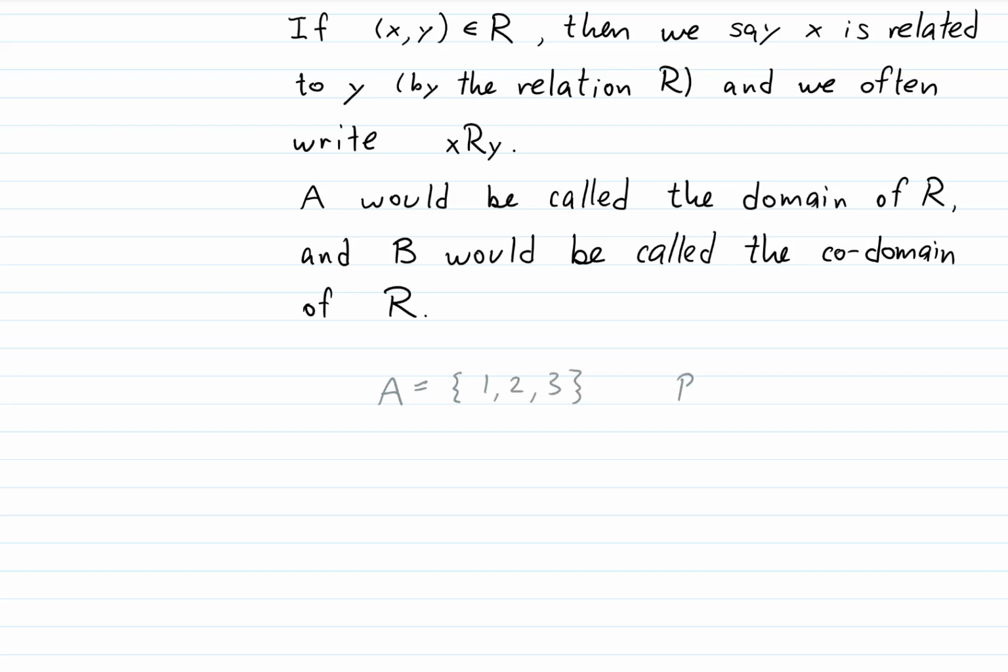And let's say B is the set 2, 3, 4. Okay, let's write down their Cartesian product. It's going to be a lot here. There will be 9 elements here.